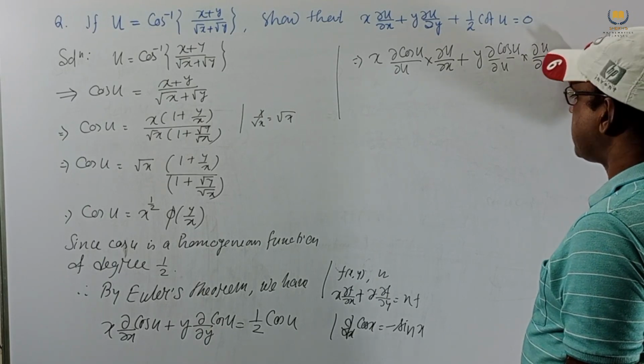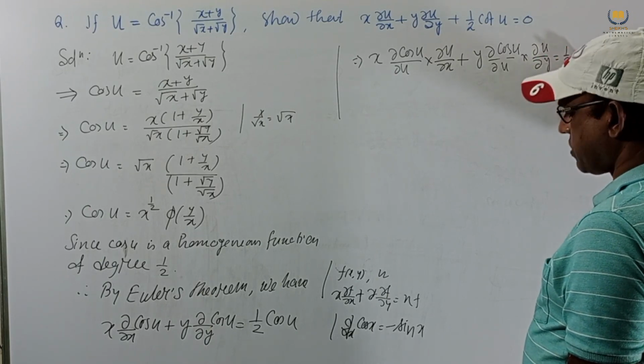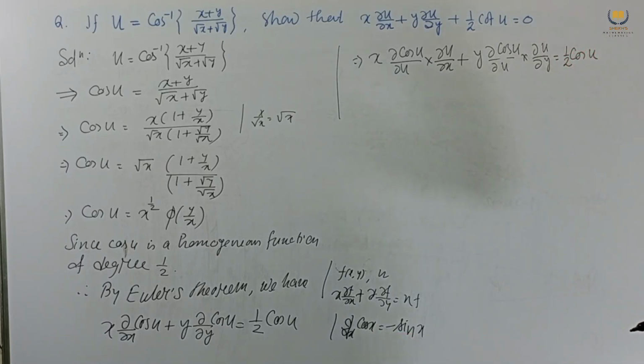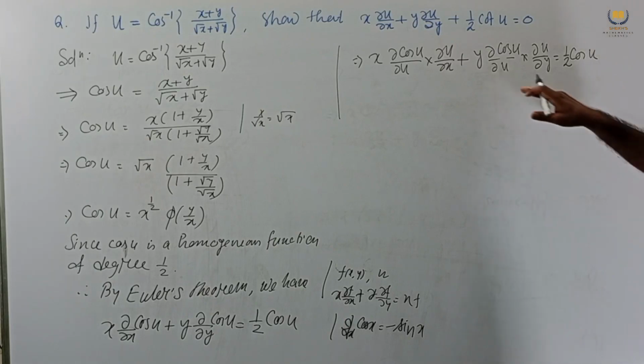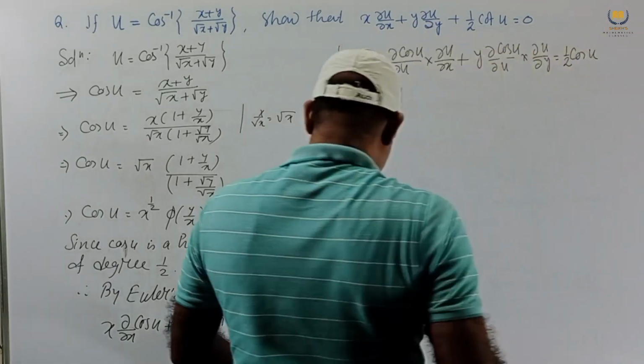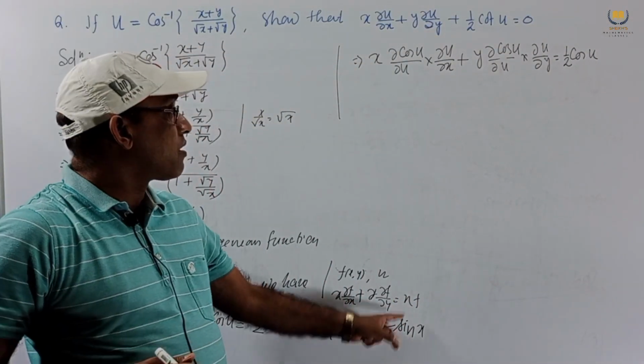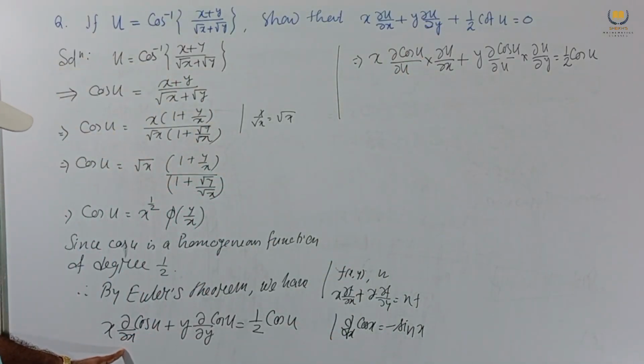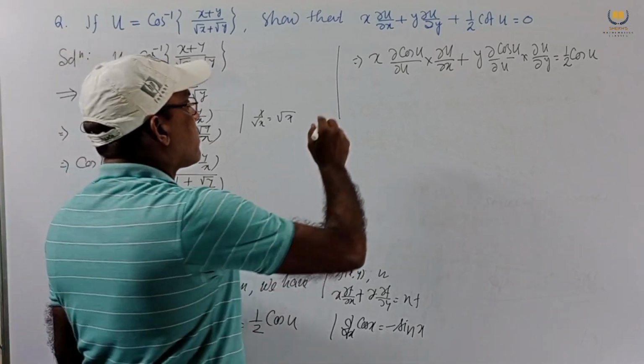We get this by using the chain rule. If the variable is the same, we write this formula, but here u and x are different, so we need the chain rule.